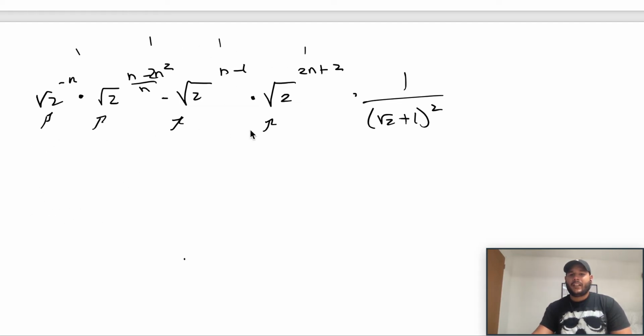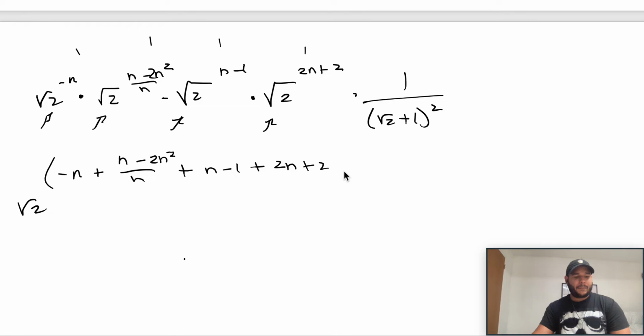So basically, this piece of the problem now becomes square root of 2 elevated to the sum of negative n plus n minus 2n squared over n plus n minus 1 plus 2n plus 2. All right, perfect. Times, obviously, we cannot forget this term right here, multiplied by 1 over square root of 2 plus 1 to the second power.